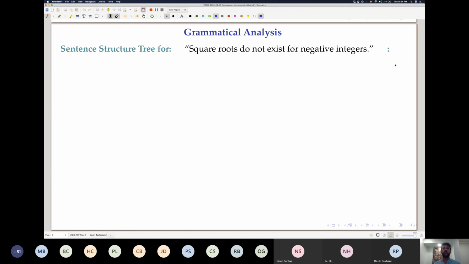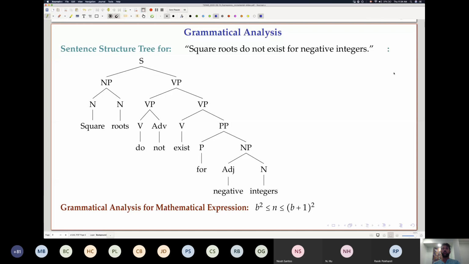Okay, so consider this sentence right here: square roots do not exist for negative integers. If any of you have taken linguistics in first year, you will have seen these kinds of trees before, known as parse trees.